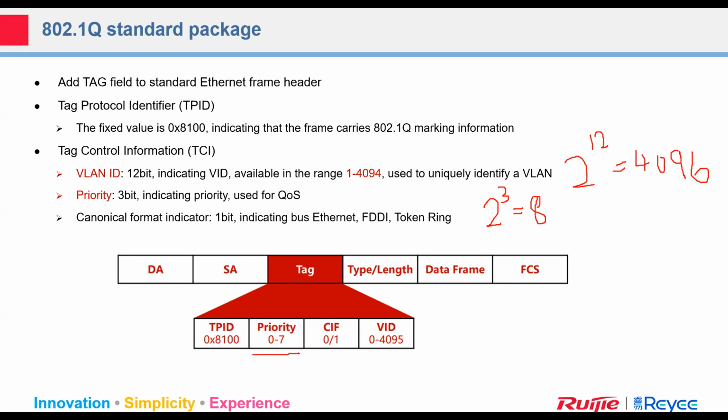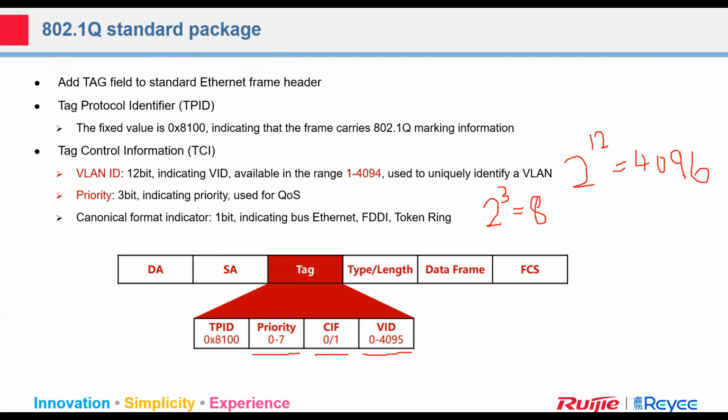And for the VLAN ID, 0 until 4095, so it's 4096 total. Lastly is the canonical format indicator, which is only 1 bit, so it's only two values. This is nothing special. It's either Ethernet, FDDI, or token ring.